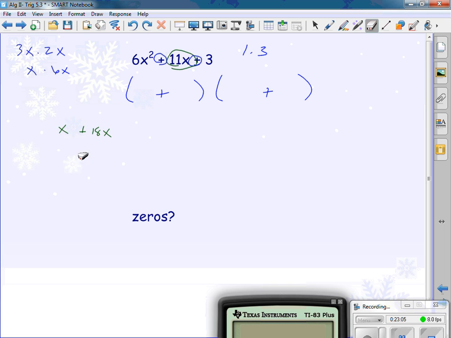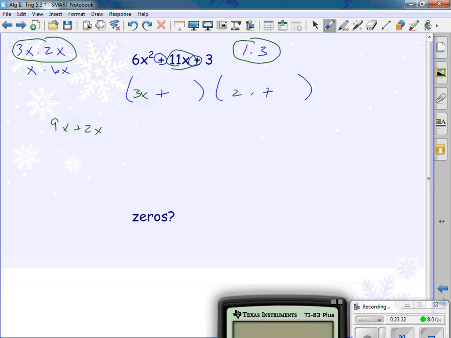That's not 11. I could try 3 times 3x is 9x. 1 times 2x is 2x. What do I get in the middle? 11. So I know it has to be this one and this one.